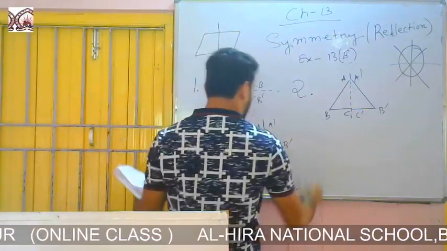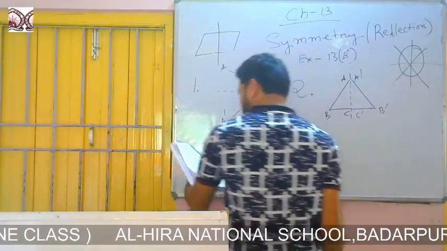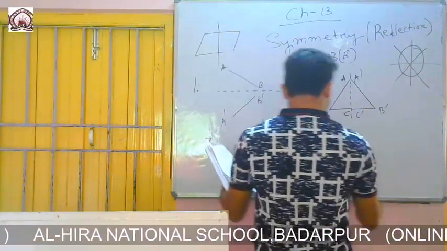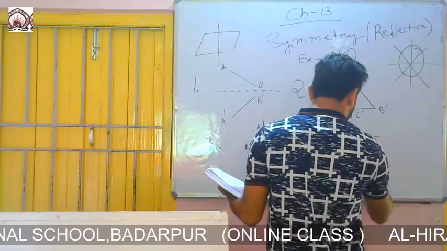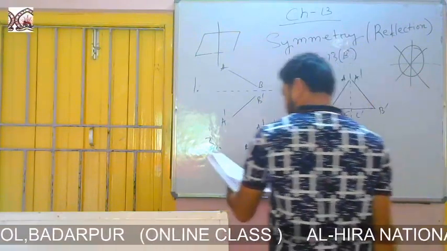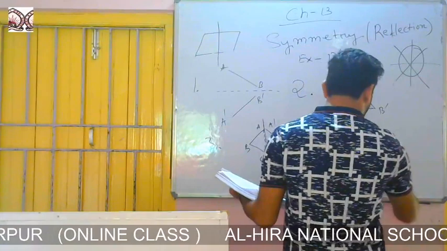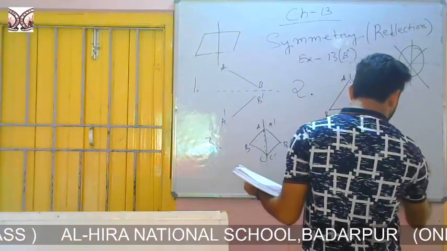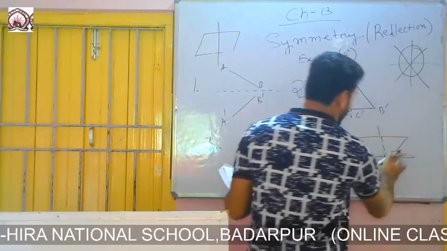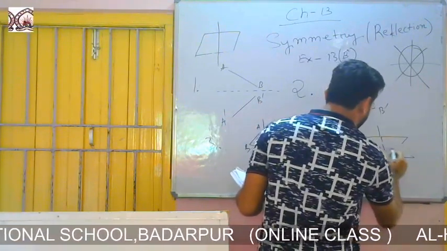Now come to 4. You see, if I draw, then I'll get like this.